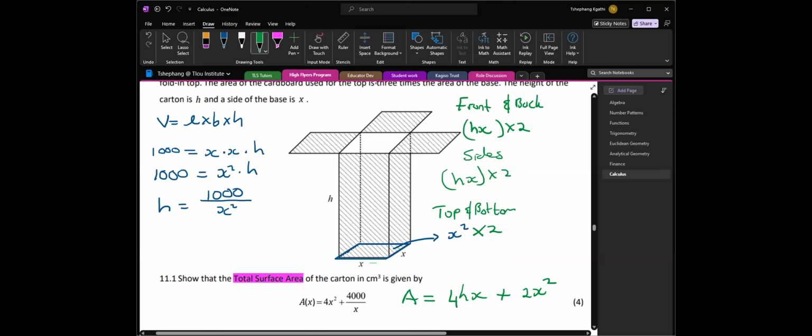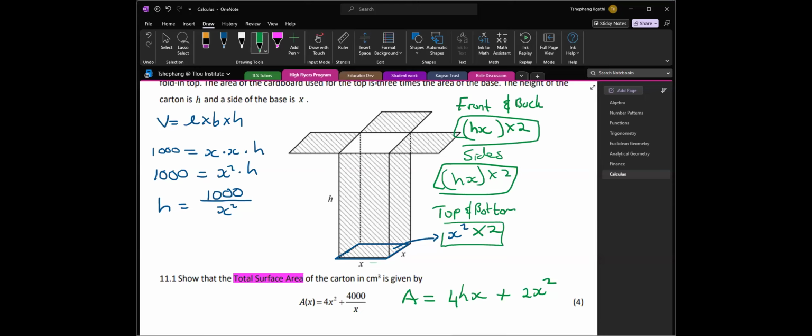Okay? I just added everything up. So 2hx plus 2hx gives you 4hx. Then x squared multiplied by 2 is just 2x squared.